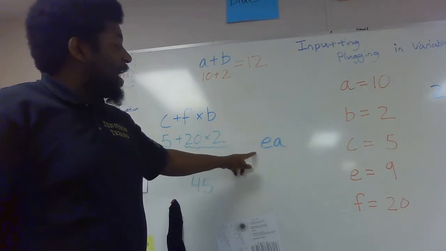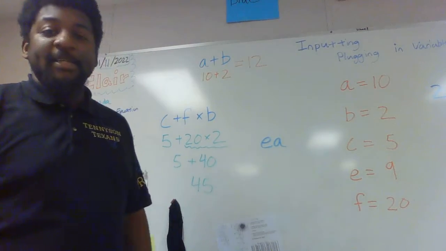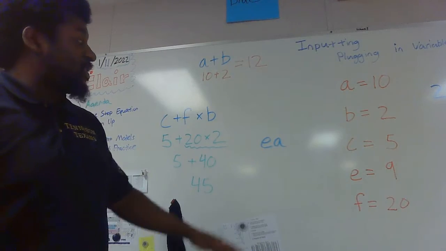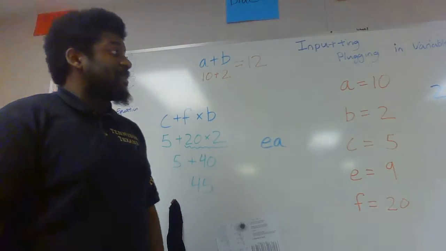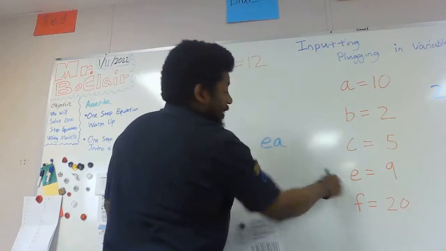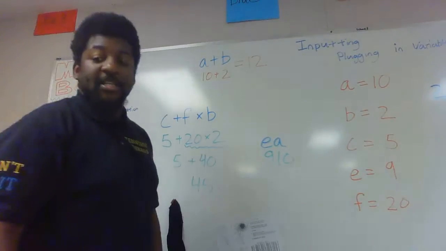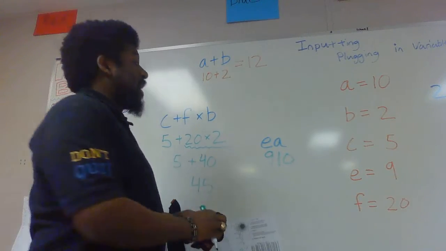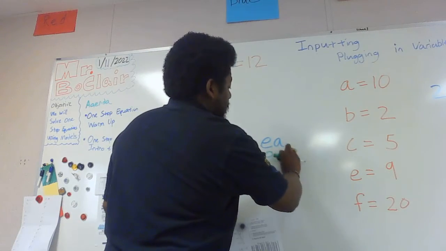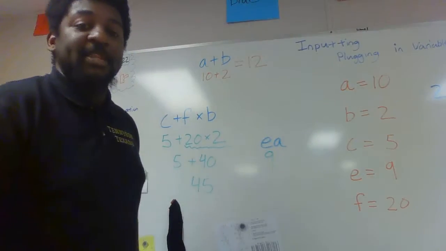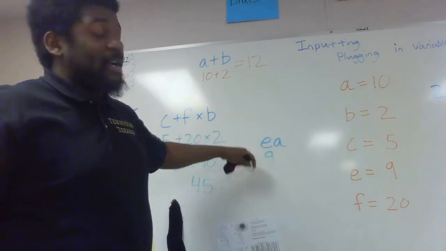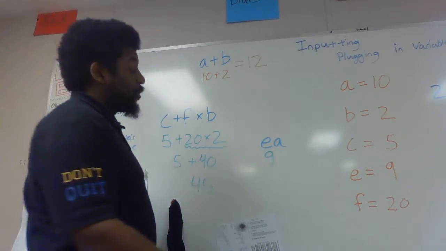Here, I have EA. A lot of people get confused when you just see two letters next to each other. Sometimes people just put the two numbers, so E is 9 and A is 10, and they think the answer is 110. We do not just put the two numbers next to each other like that, although I understand why you would think that. Two letters next to each other actually means multiplication.